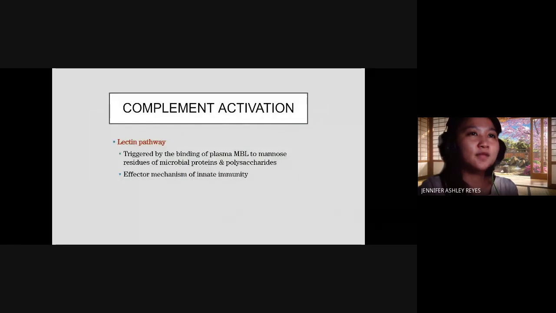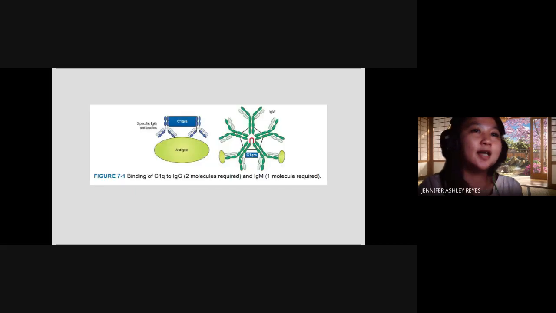So, out of the three, parang tina-term si lectin pathway as the most ancient of the three pathway. Ancient meaning yung mga little evolutions that happen overall sa humans or sa mga bacteria. Nauna yung discovery and elucidation of lectin pathways compared sa classical and alternative.